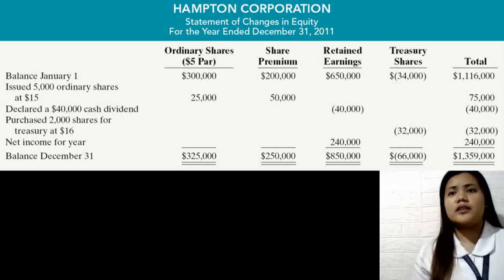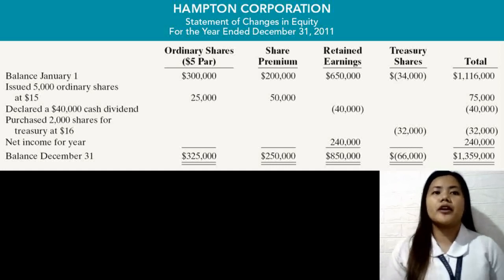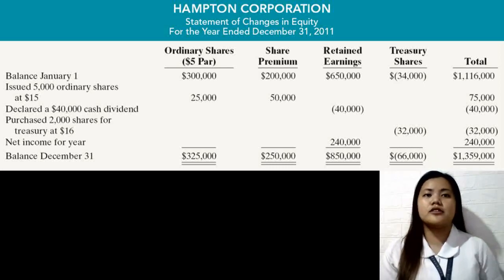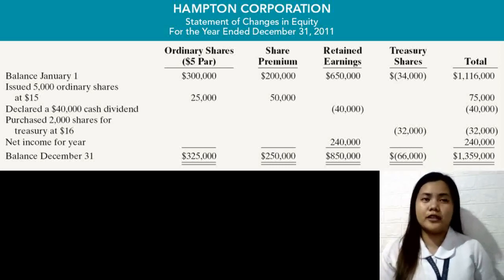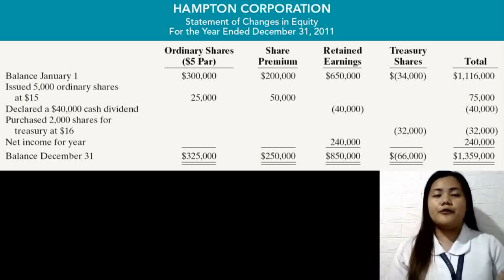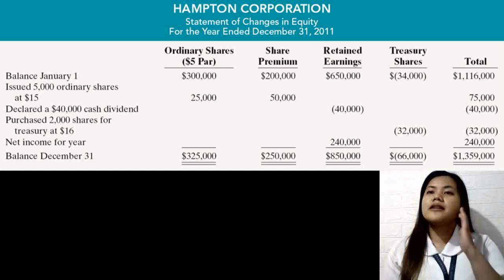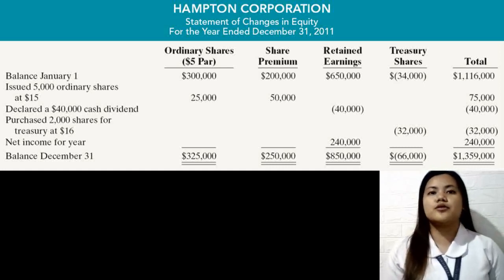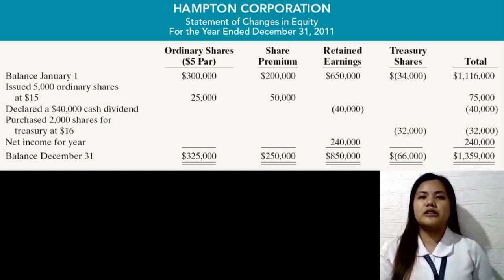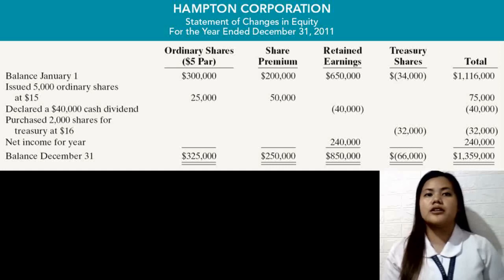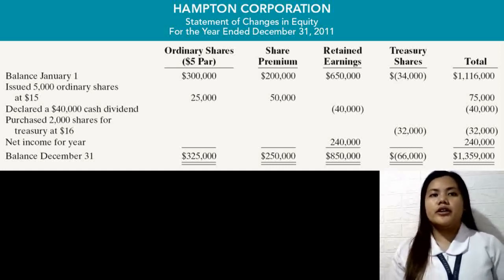And if we calculate the total of the issued 5,000 ordinary shares at $15, we get $75,000. So for the share premium, we subtract the $25,000 from the $75,000, and it will result to $50,000.